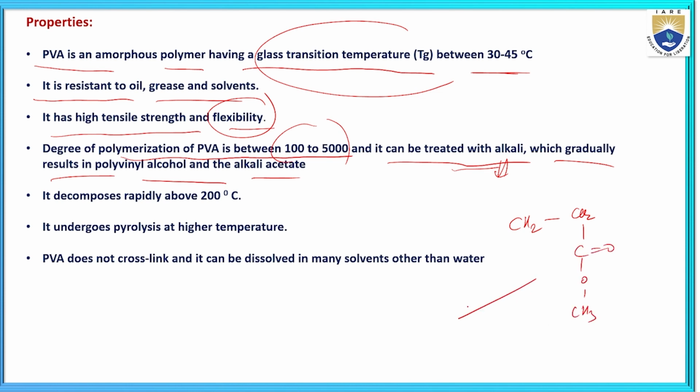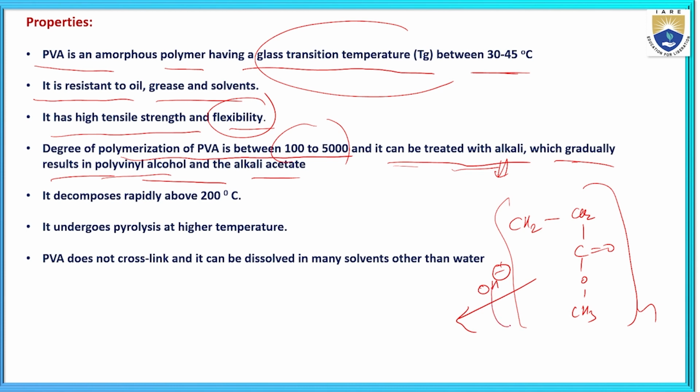In the presence of alkali, that means in the presence of base OH minus, it will gradually result in polyvinyl alcohol. It will form polyvinyl alcohol and alkali acetate.